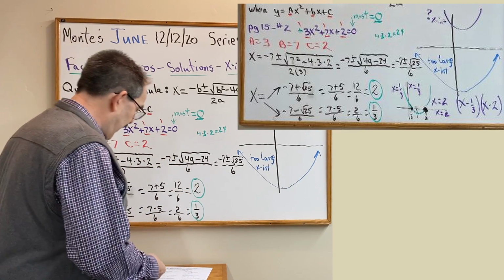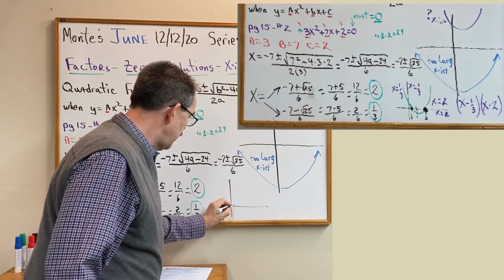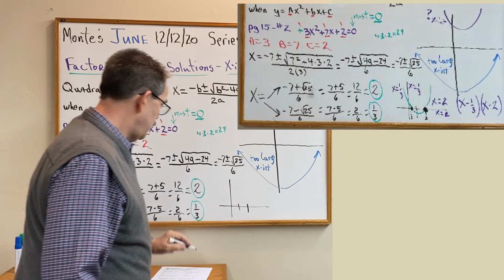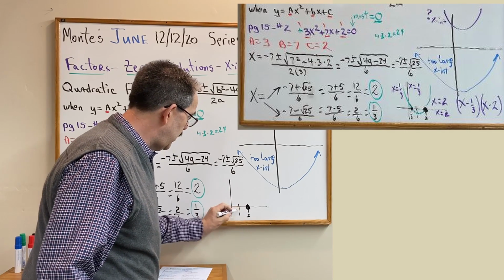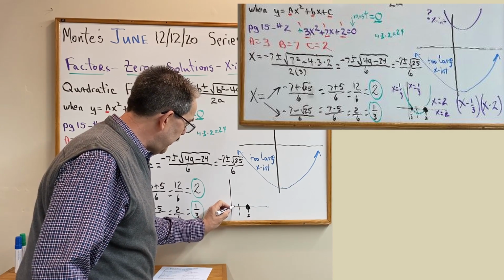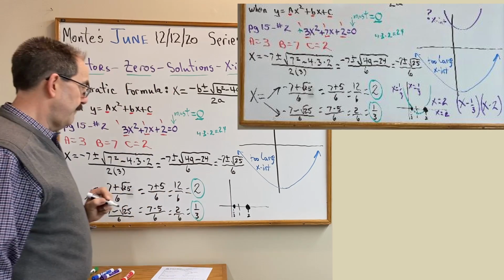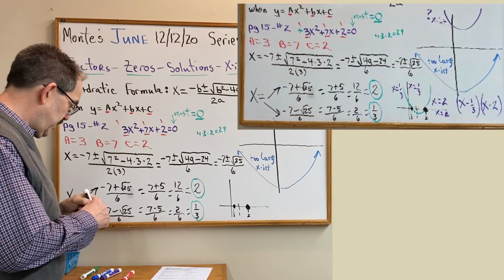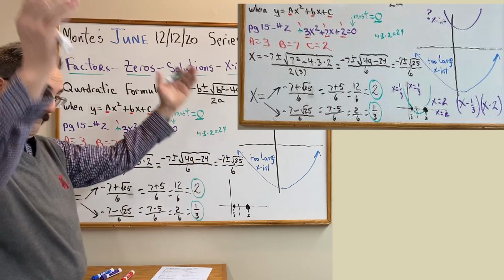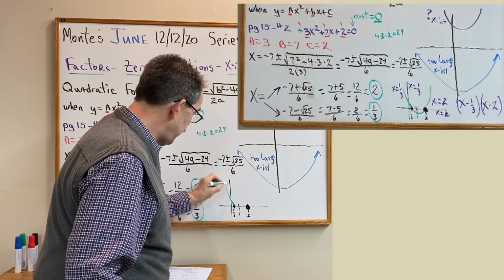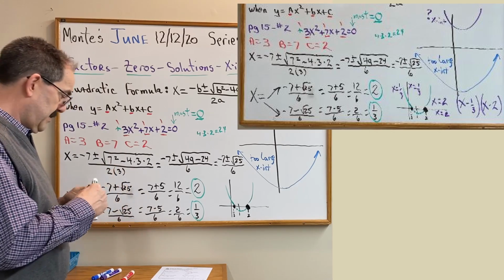Let's just draw a quick graph. One, 2. We got a 2. If this is 1, then that's a half. That'd be about a third. 2 and 1/3. The original equation was a positive, so it opens up. Something like that. Okay?